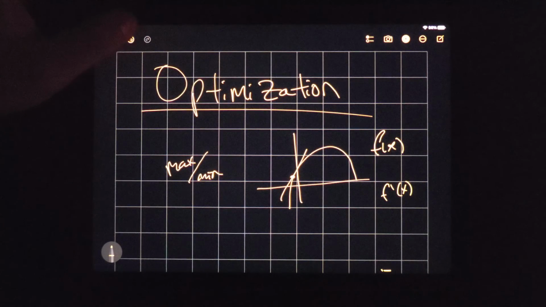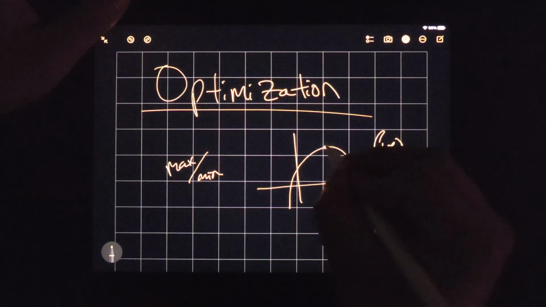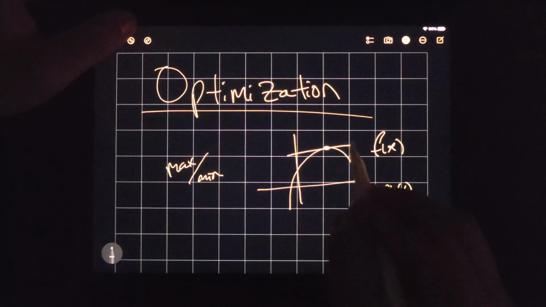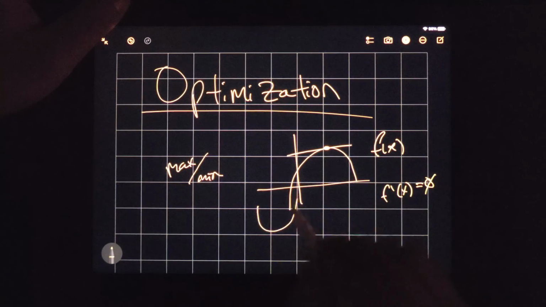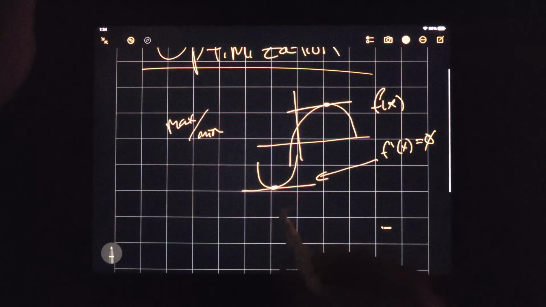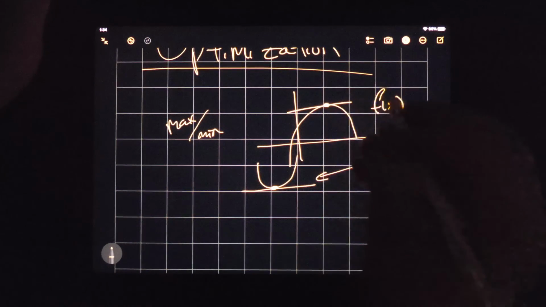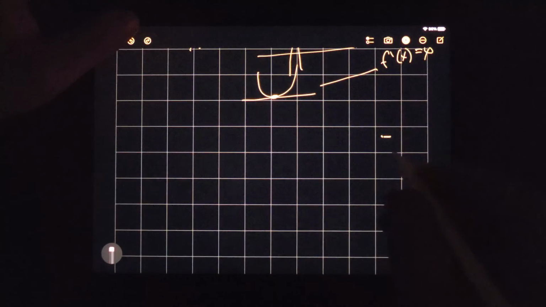So with that being said, when you have something that is at the exact max, the tangent line will be equal to 0. Same for a min. It will be 0. Remember that. That is because the rate of change at that point, the tangent line, will be just a straight line.